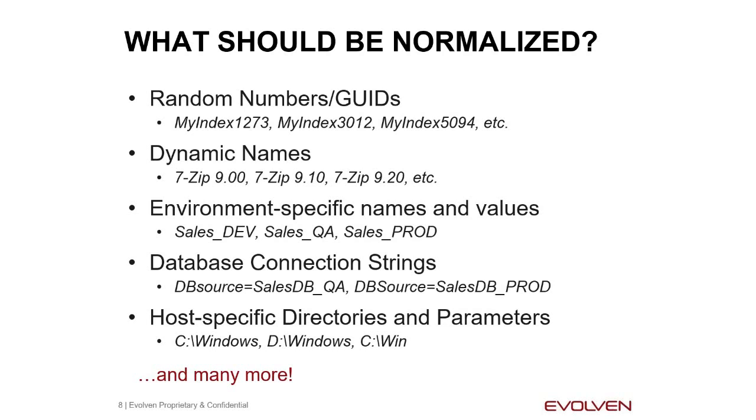Environment-specific names are very common. When I work with clients, I would say this might be even the biggest one that we see, and it comes in a few different forms. It could be within folders themselves, or it could even be within a particular string. So either way, this is the kind of thing that we'd want to normalize out. Now, in some contexts, you want to know they're different, and that's fine.